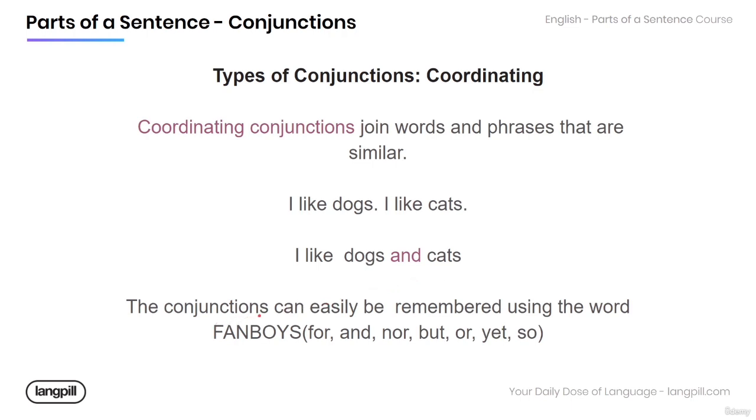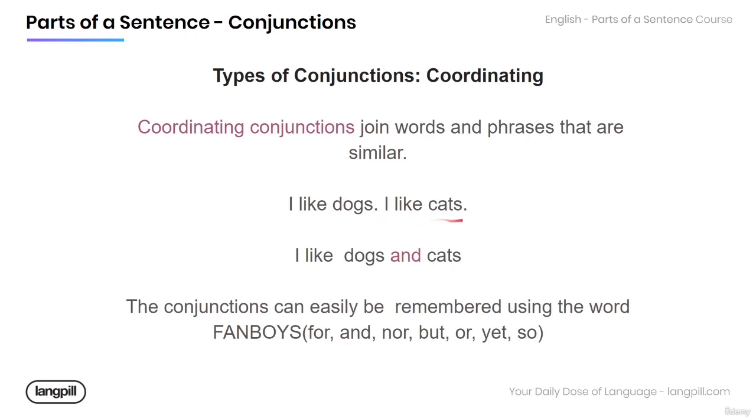And we can easily remember the conjunctions by this term here, FANBOYS, where each letter stands for one of the conjunctions. F is for, A is for and, N is for nor, B is for but, O is for or, Y is for yet, and S is for so.